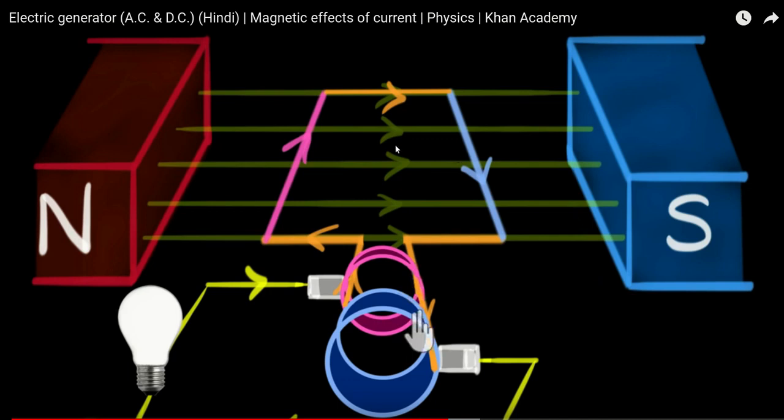Since the blue line is in contact with the blue ring, from the blue ring the current comes and goes via the bulb into the pink ring, where it will flow like this. So the circuit is also complete.